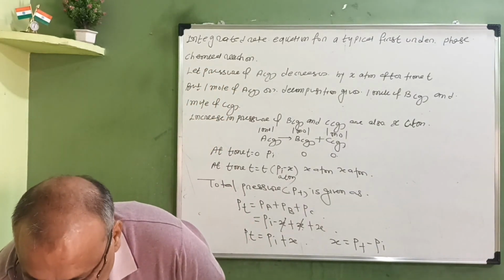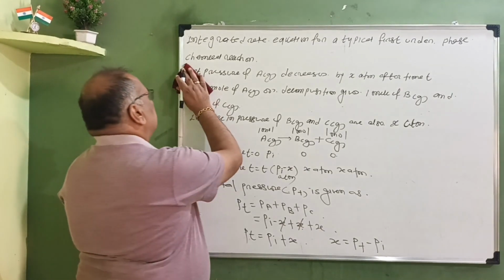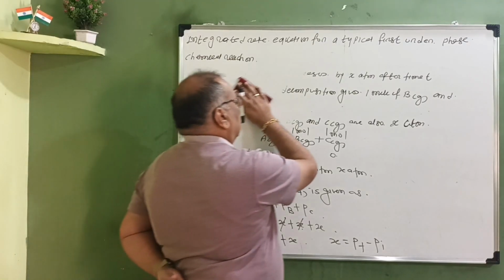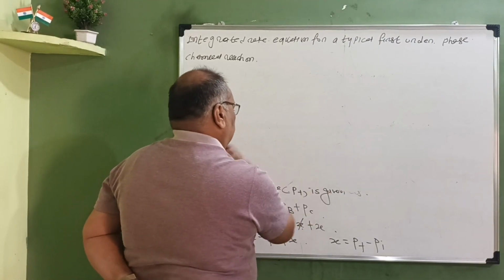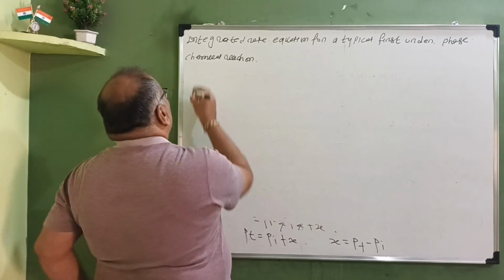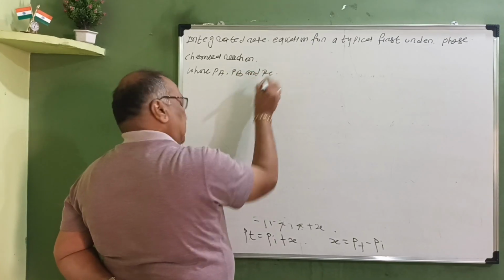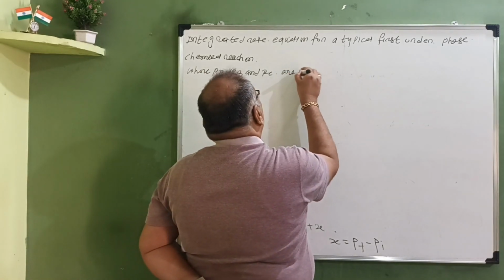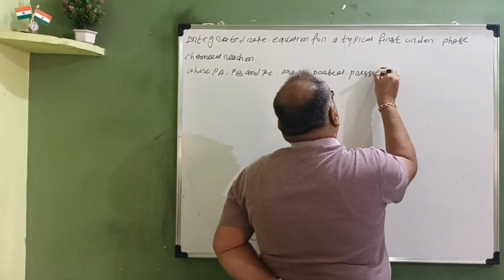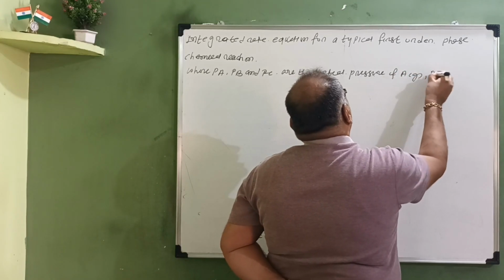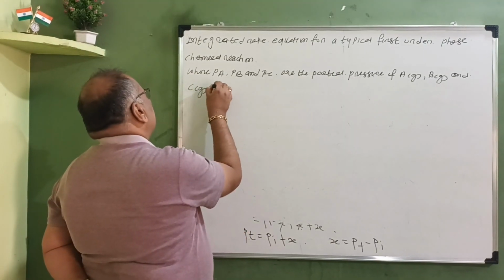Now here write down where PA, PB and PC are the partial pressure of A gas, B gas and C gas respectively.